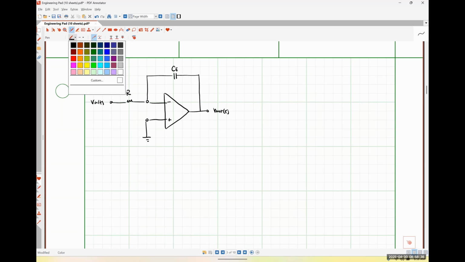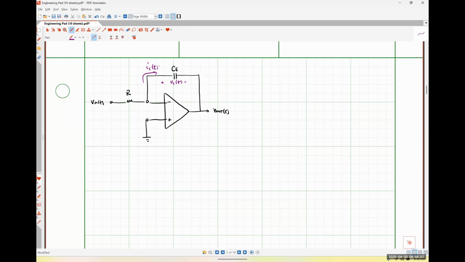Let's define the voltage drop across the capacitor as, once again, positive polarity on the left. And let's define our current, once again, as flowing into the positive polarity terminal, like so. All right, so the derivation for this guy is a little bit harder, but it's not particularly crazy.